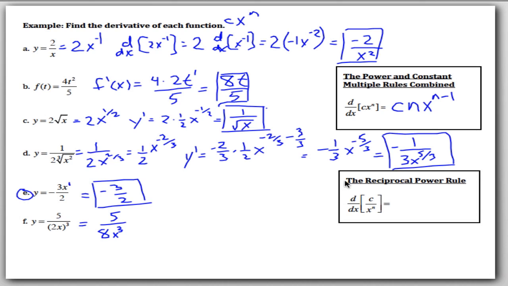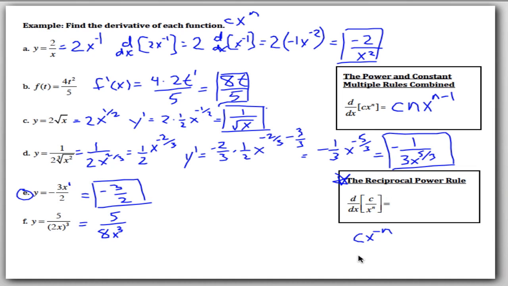Now I do want to show you another shortcut, and it's the reciprocal power rule. So instead of flipping this up as x to the -3rd and then doing all of that, we can say, well, if we have c over x to the nth power, we can think of this, right? We would flip this up and it would become x to the -n, like this.